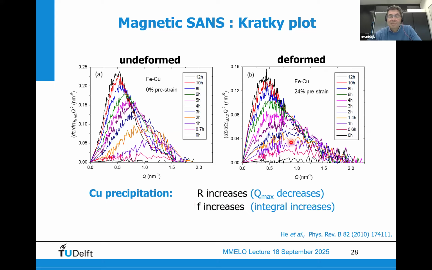You also see that this maximum moves continuously to lower and lower values. A lower maximum in Q means a larger size in space, because Q is a spatial frequency and R is the size of the precipitate. We see that there are some differences if you deform or not, but these differences are weak for the copper precipitates in iron.